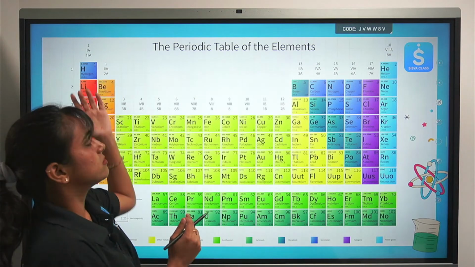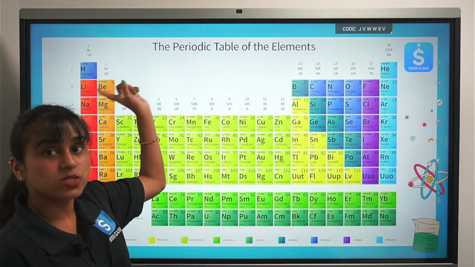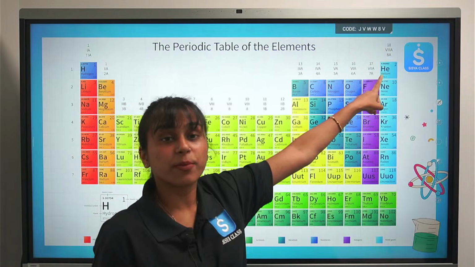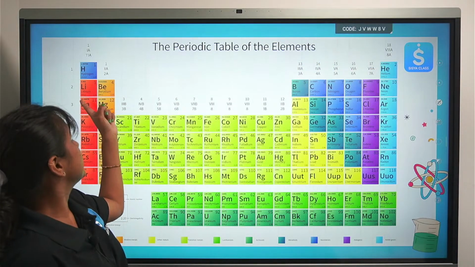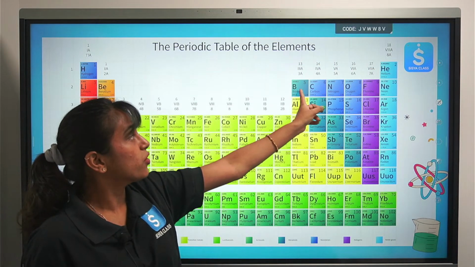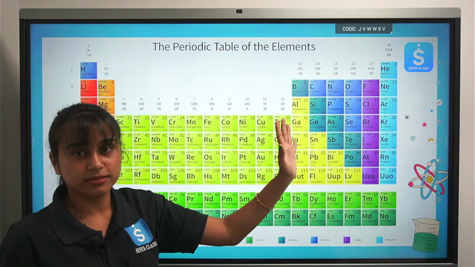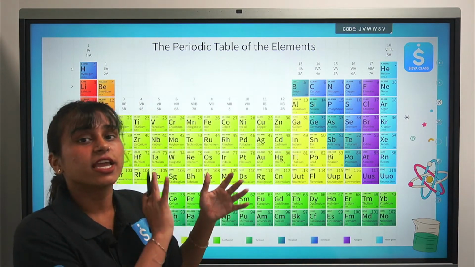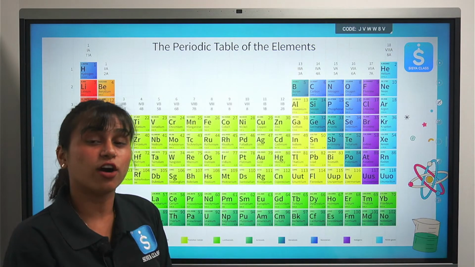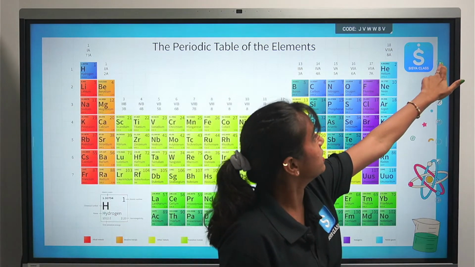Hydrogen's atomic number is 1. After hydrogen, atomic number 2, helium, then lithium 3, beryllium 4, boron 5, carbon 6 and so on. So this periodic table is arranged in the order of increasing atomic number. I hope this is clear.